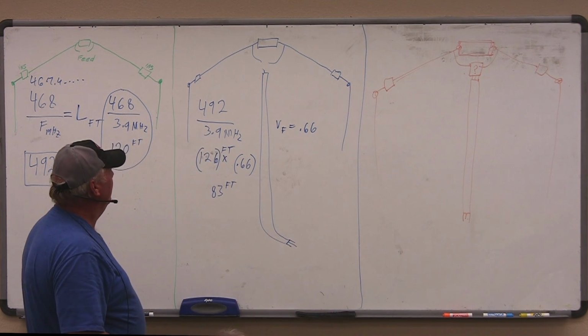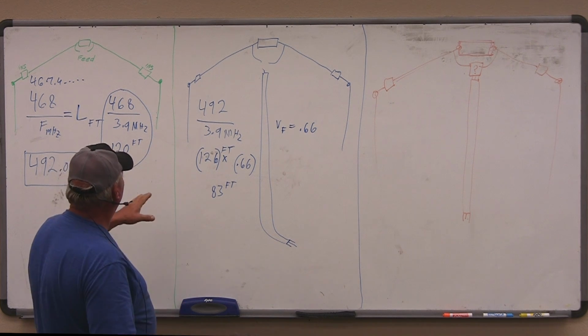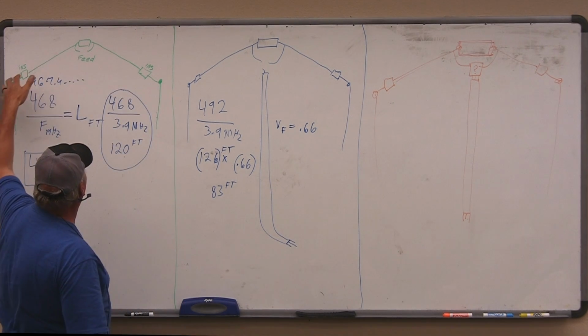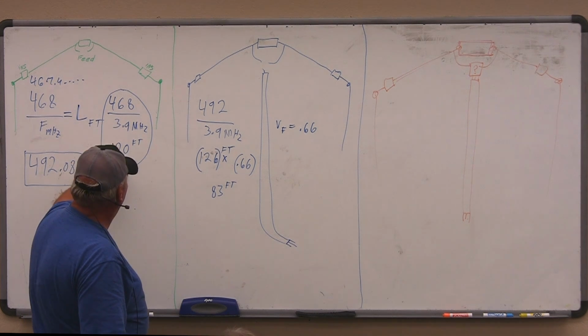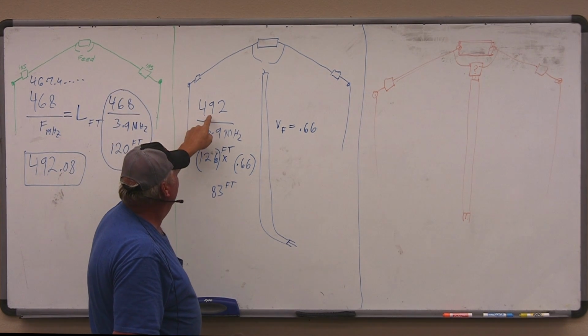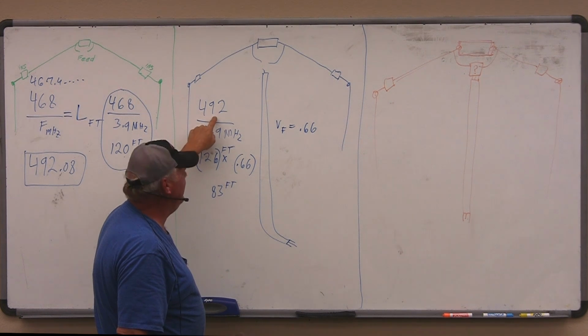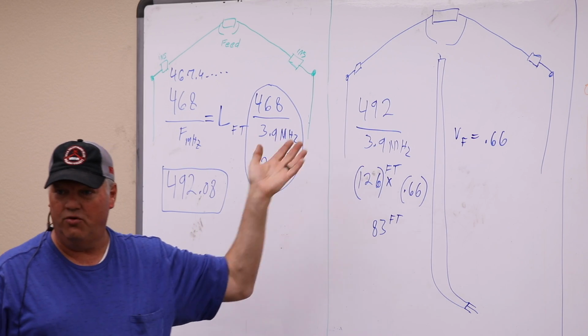So now we've got our half wavelength dipole. It's set for 3.9 and it's this length. And then we come over here and we took the half wavelength speed of light with no velocity factor, so we're not shortening anything.